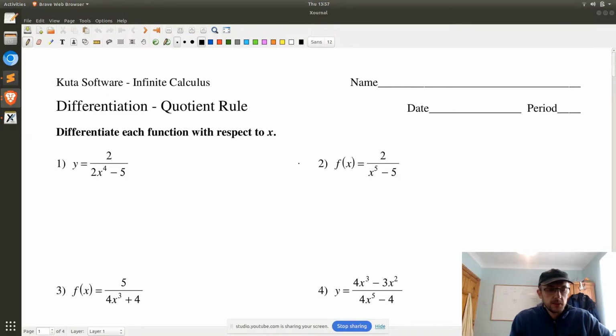To find the derivative d by dx of f over g, then what you do is, d by dx of u over v, you do v prime u minus u prime v over v squared, I think. Is that right?